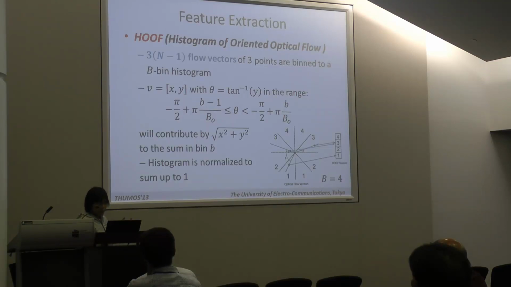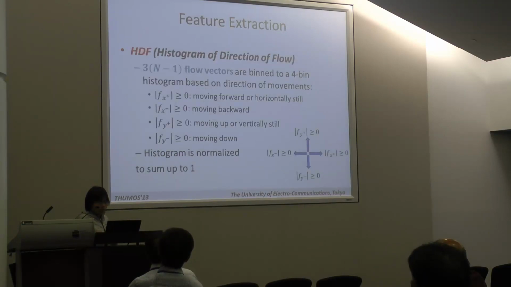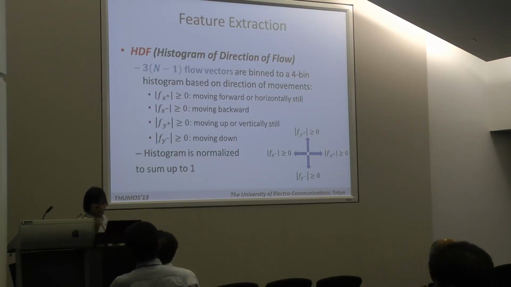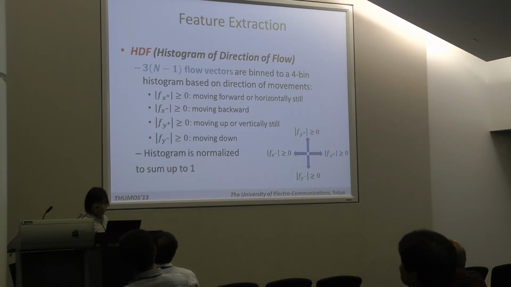Finally, the histogram is normalized to sum to 1. For the histogram of direction of flow, following the baseline, the flow vector is binned based on the direction of the movements, the so-called directions, and it is also normalized to sum to 1.